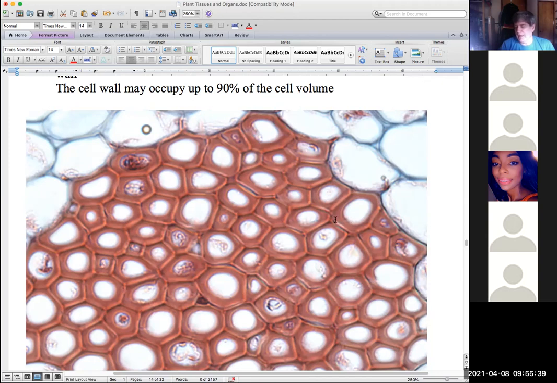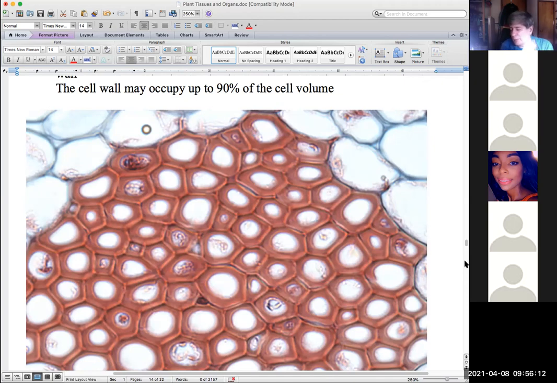Keep in mind that the cell wall is not just this kind of brighter orangish red line, but it's also that deeper maroon red in the inside of each cell. So if you look at these cells, a lot of the cell is actually the cell wall. In fact, most of the volume of the cell is typically taken up just by the cell wall. So that's the main thing we can see.